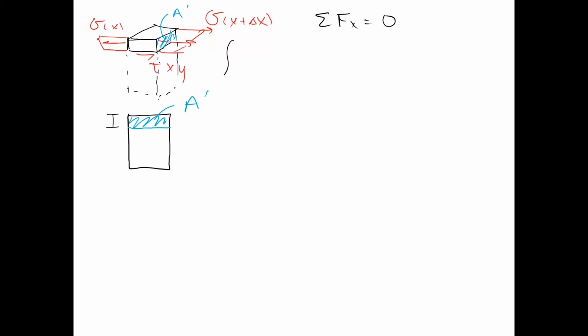Here's the center of our cross section, y, and z. Y prime is the distance to the beginning of this area that we're looking at. Therefore, C minus Y is the height of that shaded area.